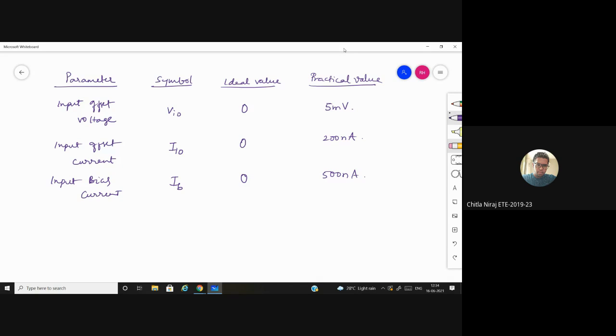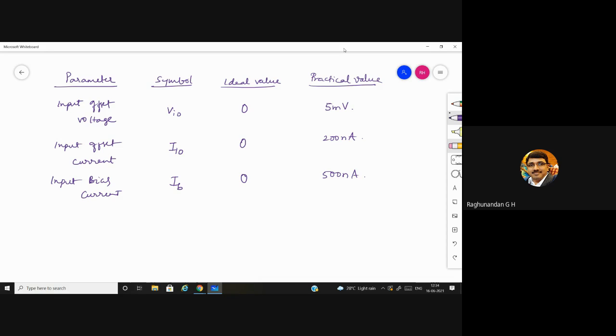In a BJT, we usually assume that IB is very small. So that is an assumption, but there is one reason here. Yesterday, while discussing the parameters, I told it. So because the input impedance is high, almost infinity.